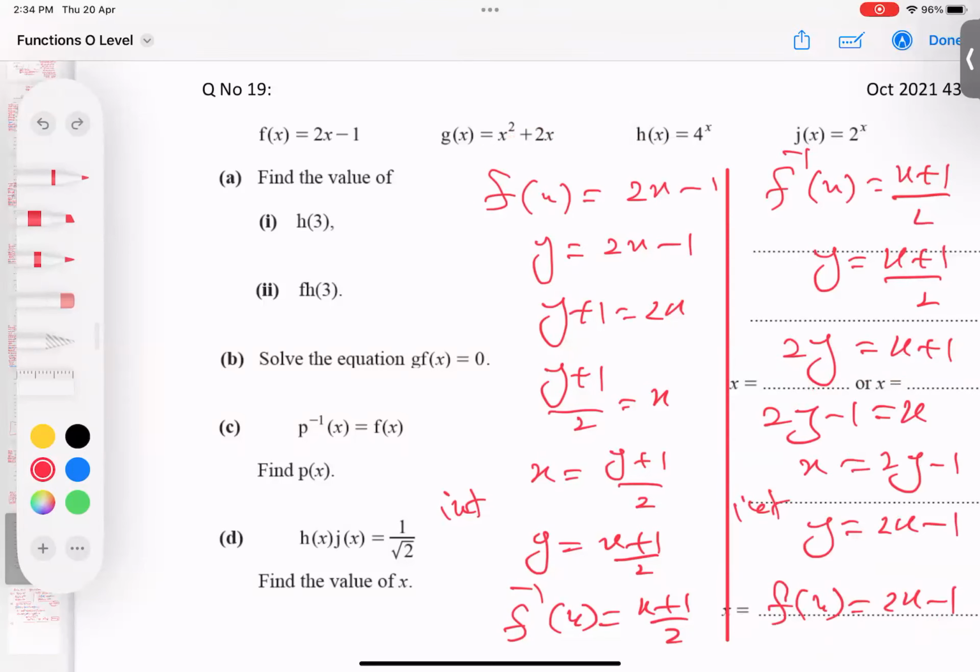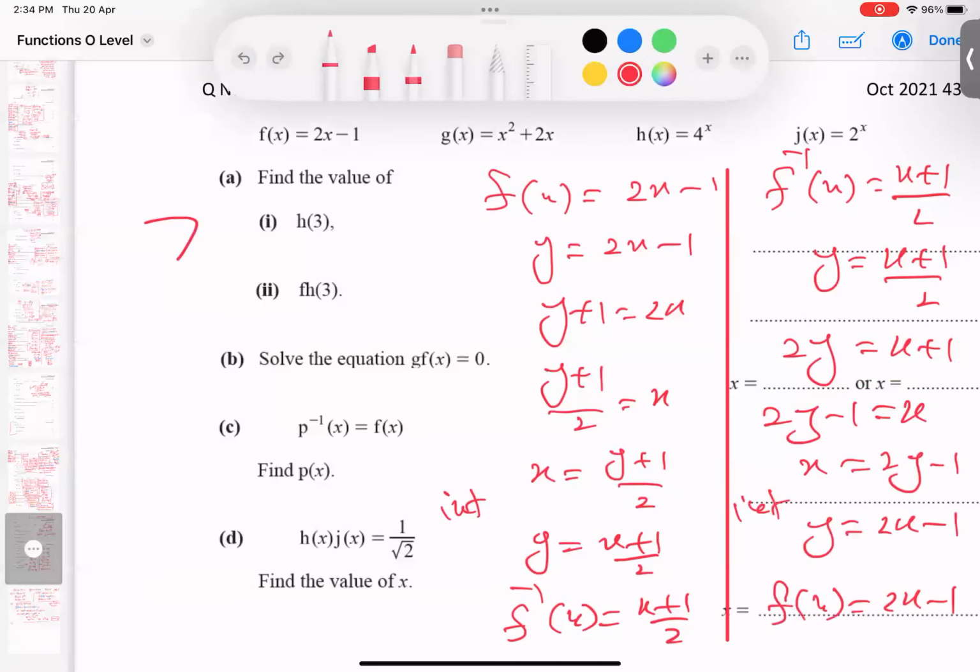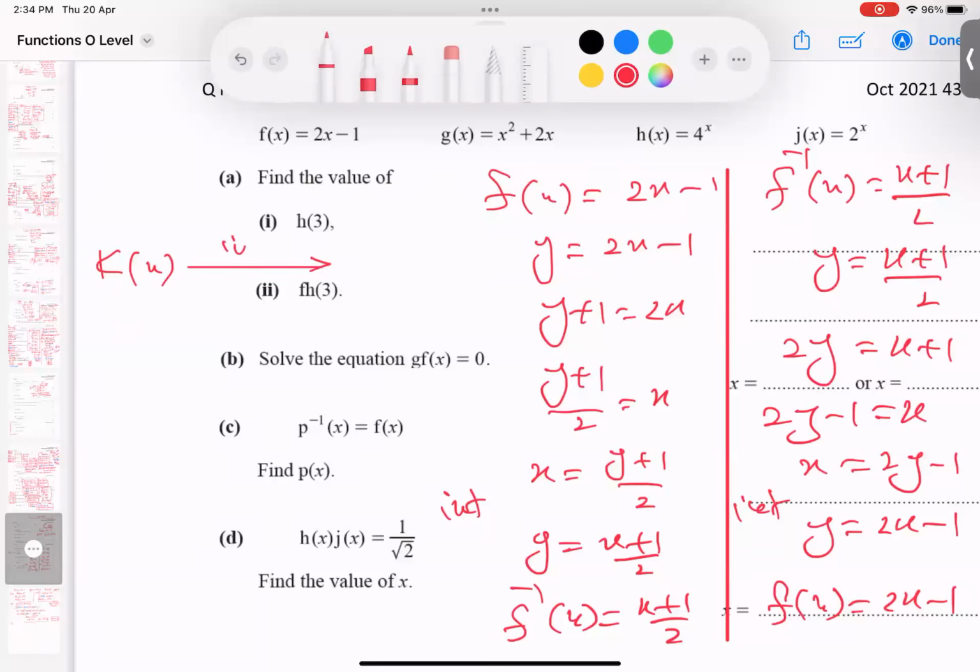So what lesson do you learn from here? The lesson is, I'm writing it finally on the left-hand side. Let's say I have a function k. If I find the inverse of this, I will get k inverse of x naturally. But if I find the inverse again of k inverse, inverse and inverse, what will happen? k inverse will convert back to the k function.